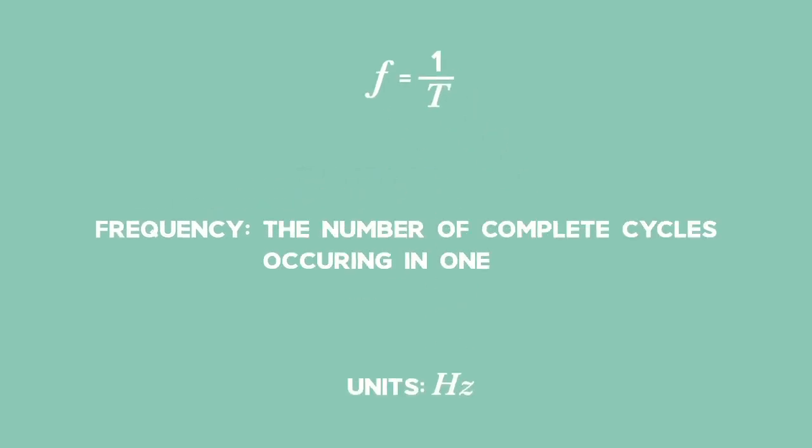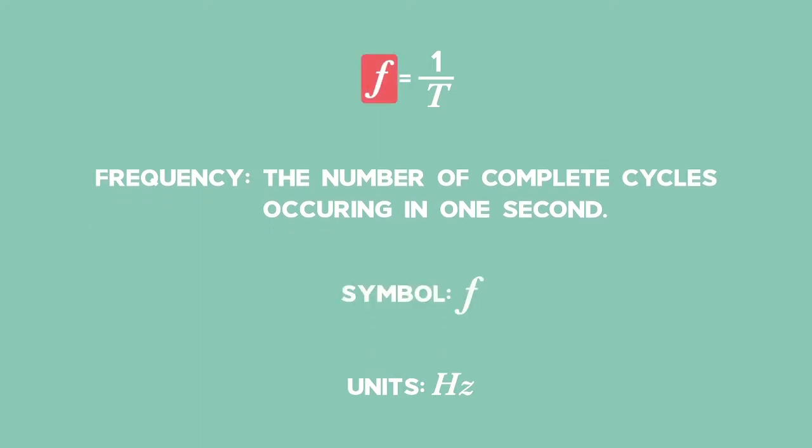From the period, we can work out the frequency, measured in hertz. That is the number of complete cycles per second. We use the symbol f to represent it.